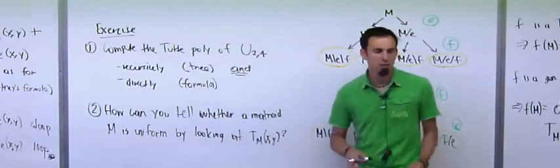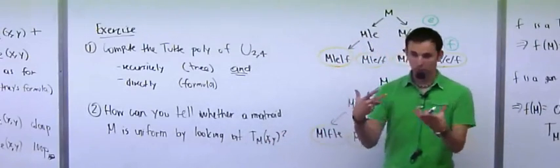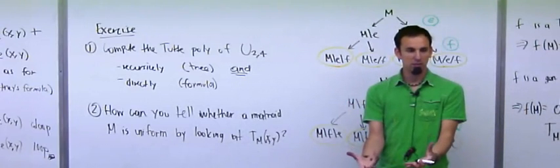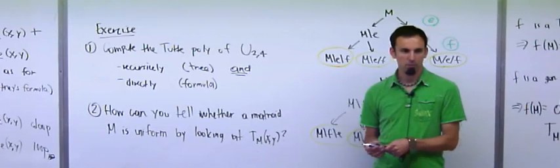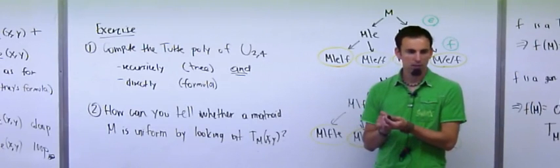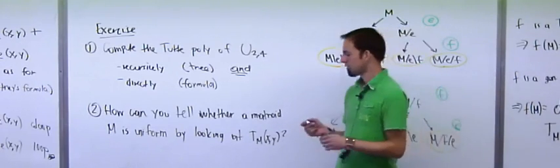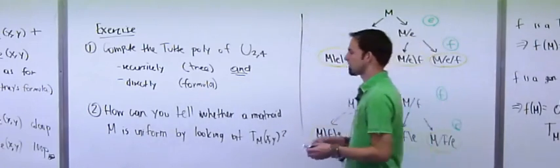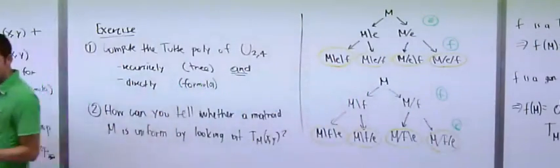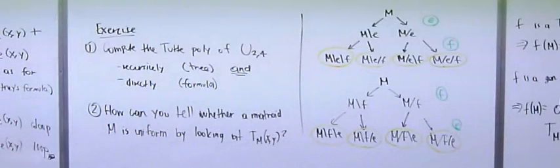Okay. I claim that if I give you a Tutte polynomial, then immediately you can tell me the matroid is uniform or it's not uniform. And what I want you to figure out is why that is. So the answer to those will be on the forum when you guys figure them out. And it's a good place to stop.